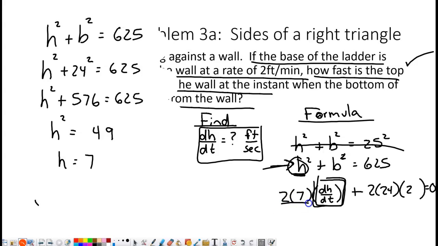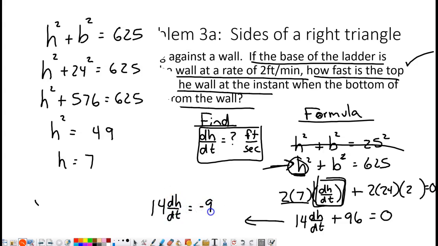So I've got 14 dh/dt is equal to, putting all that together, I believe that would be 96. Sorry, it's not equal, it's plus. 96 equals 0. And what we'll do is we'll minus the 96 on both sides, which will leave me with that.